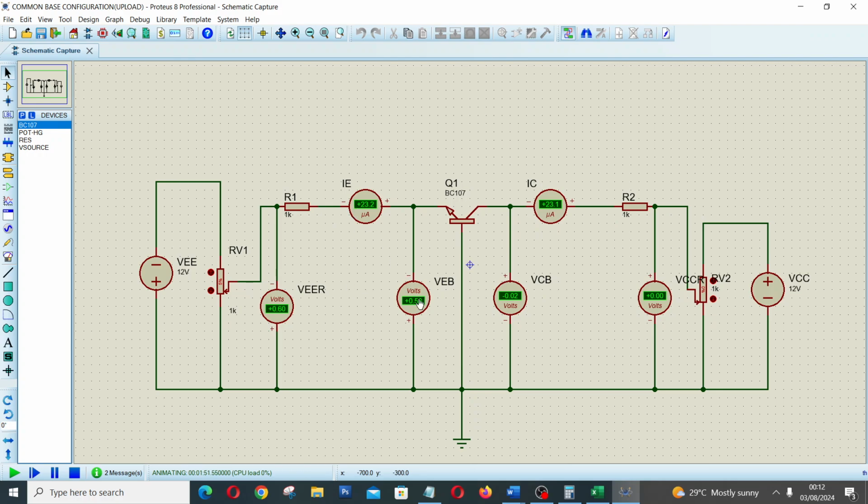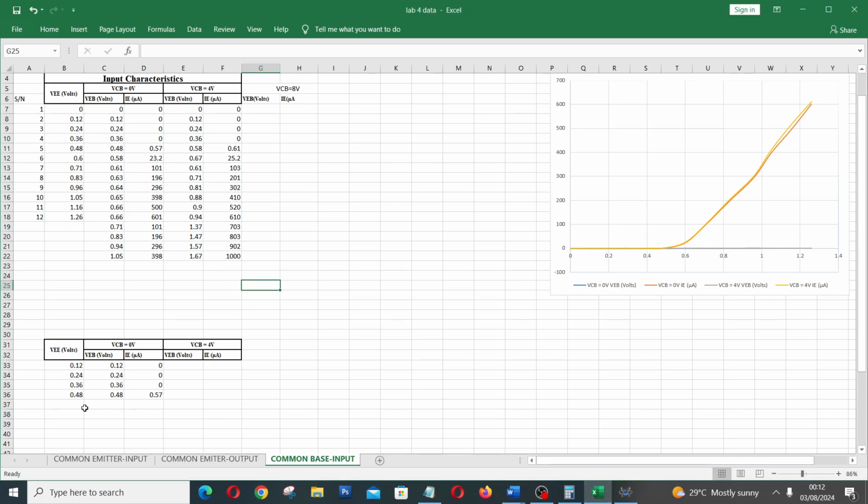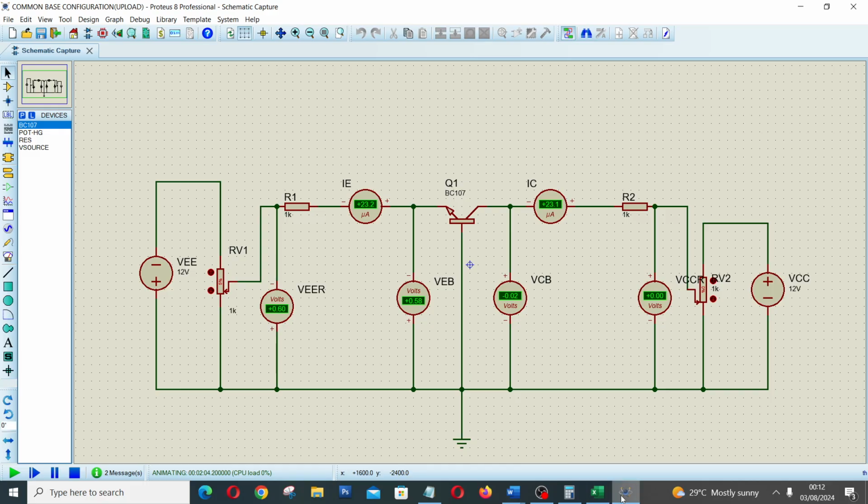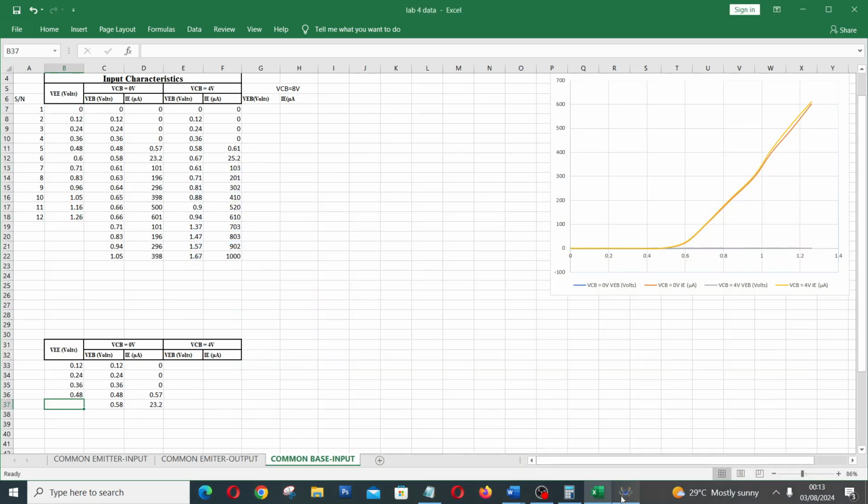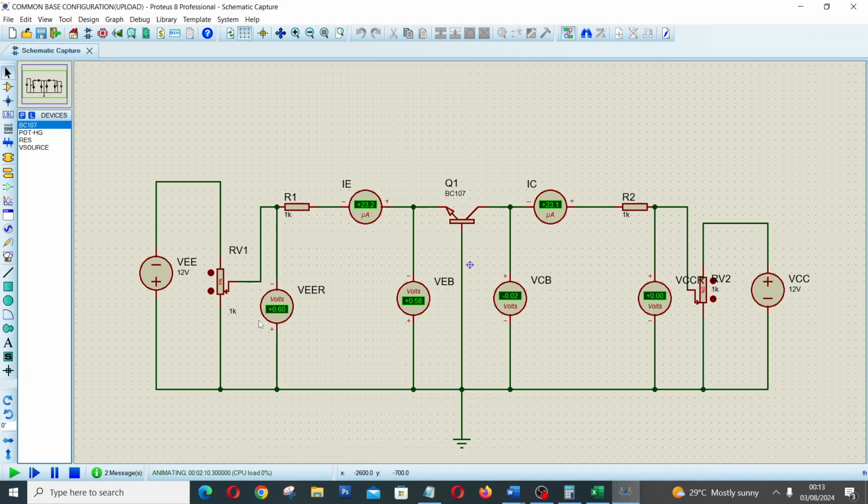So we take this reading: IE is equal to 23.2, VEB is equal to 0.58. The VEE that gave us that is 0.6. So 23.2. Let's increase VEE again.